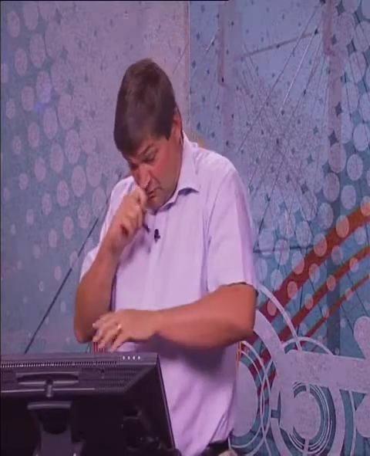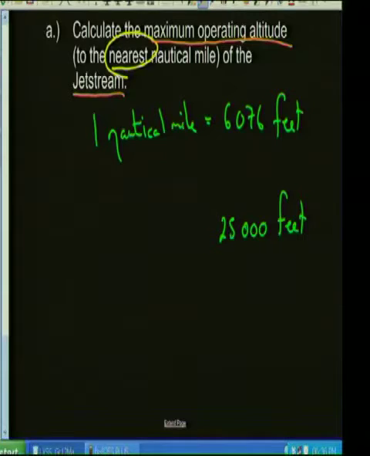You'll notice from my board, I've got miles in one column and I've got feet in the other. Everything to do with nautical miles is going down my one column. Everything to do with feet is going down my other column, keeping the nautical miles separate from the feet. And guys, in that way, I'm not going to get confused.